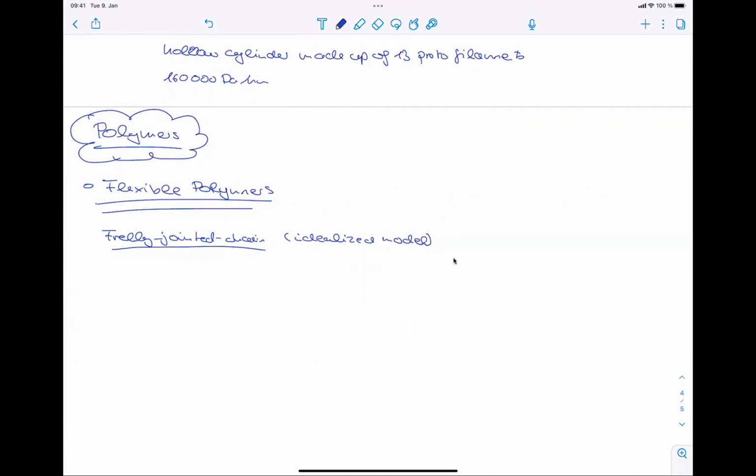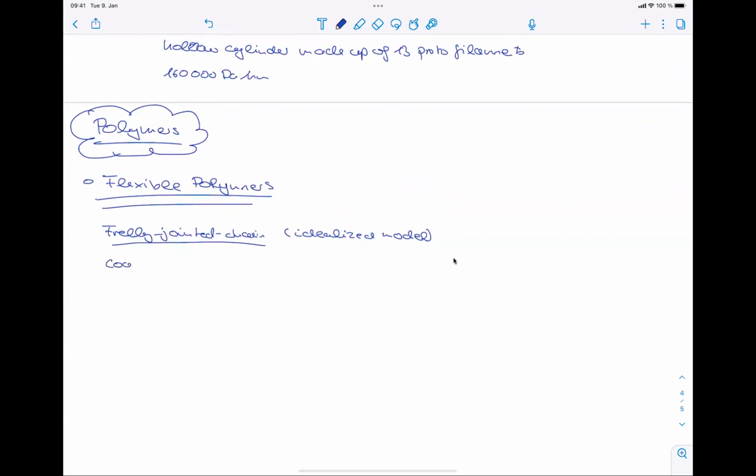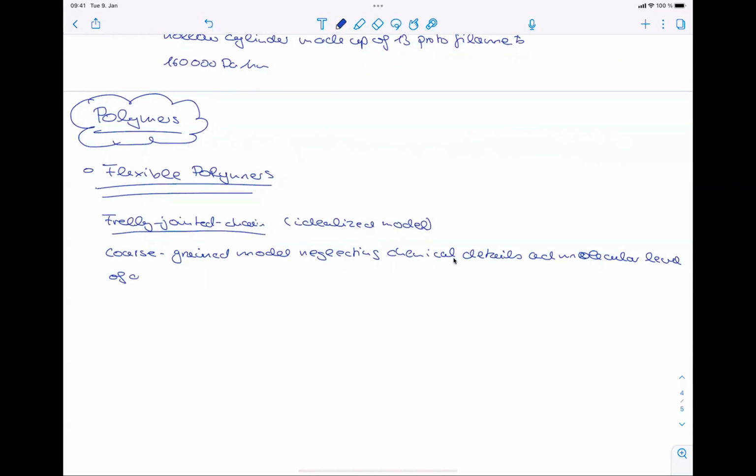And we'll see why it's such a good prediction, and gain insight into that on Friday. So this is a coarse-grained model neglecting the chemical details and the molecule level of degrees of freedom.